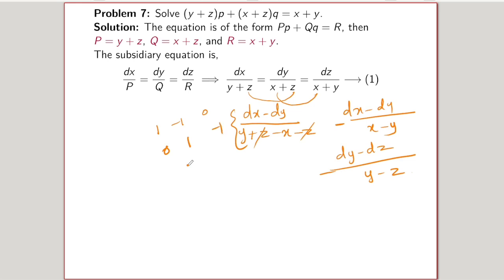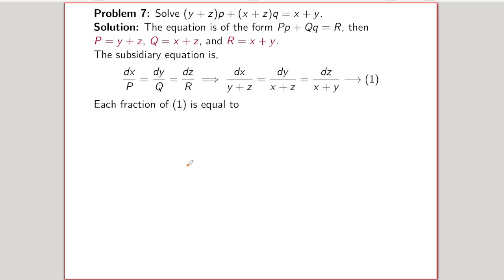So similarly, another one we are taking, I'm going to add everything, dx plus dy plus dz divided by twice into x plus y plus z. Because if you add everything, there are 2x, 2y and 2z terms. So each fraction will be equal to, we can write it as dx plus dy plus dz divided by twice x plus y plus z. That is equal to dx minus dy divided by minus x minus y and this term.